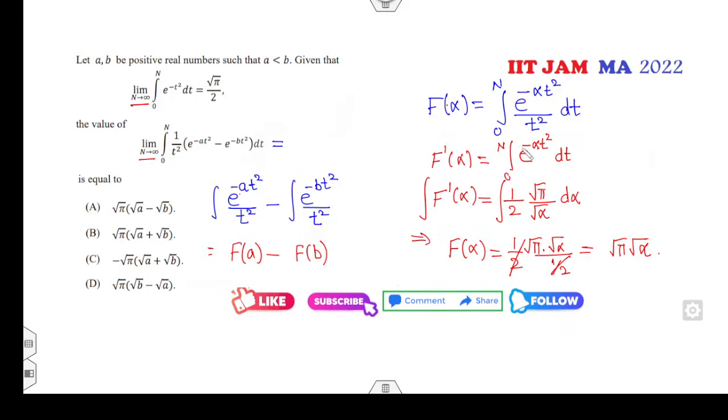Sorry, the derivative will also have a minus here. So it's minus, minus and minus. Now you can substitute here. This number is root pi root a, minus minus plus, root pi root b. So both are positive, root pi cancels. Root b is positive, root a is negative. D is the right answer of the problem.